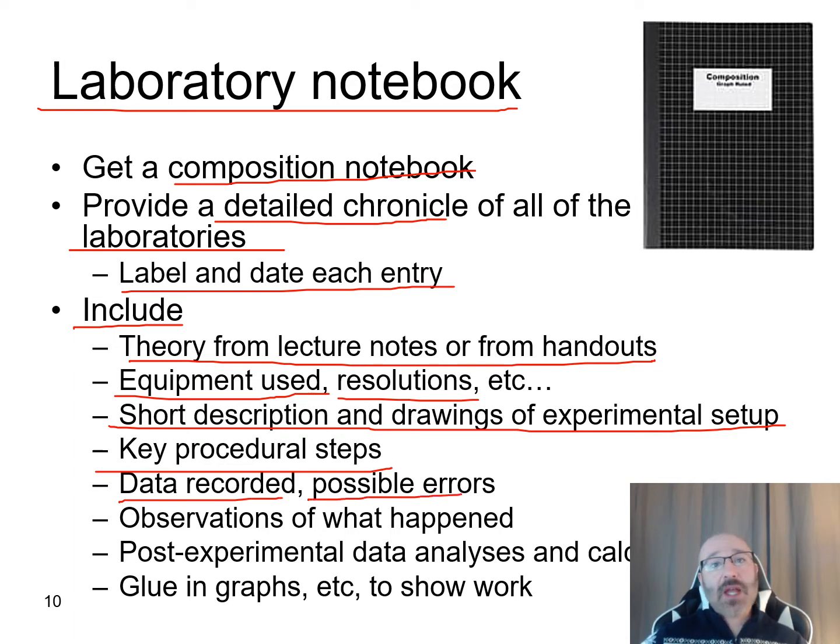If any issues went wrong, please note those for your lab report. Also include observations of what you saw happen, post-experimental data analysis and calculations, and if you want, either glue in or hand sketch a couple of graphs of what you think they should look like, or what you saw on some of the digital display outputs within the laboratory equipment.